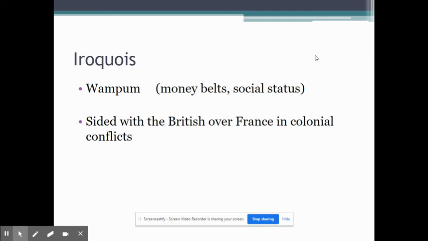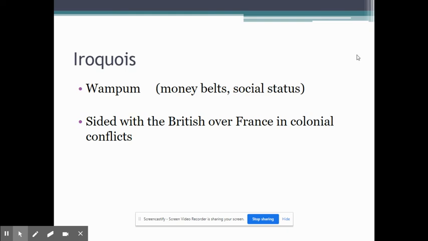And whereas many of the nearby tribes would side with the French and fight against the British, the Iroquois actually did the opposite. The Iroquois went against their neighbors and sided with the British colonists. And you're going to see if there was a consequence to that decision or not later on in our textbook.